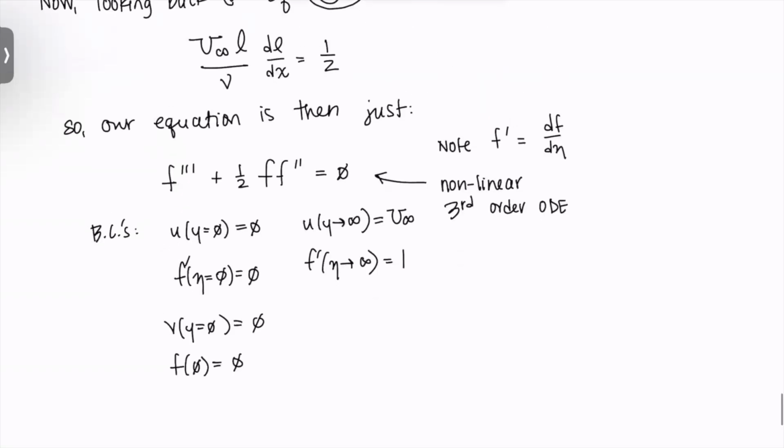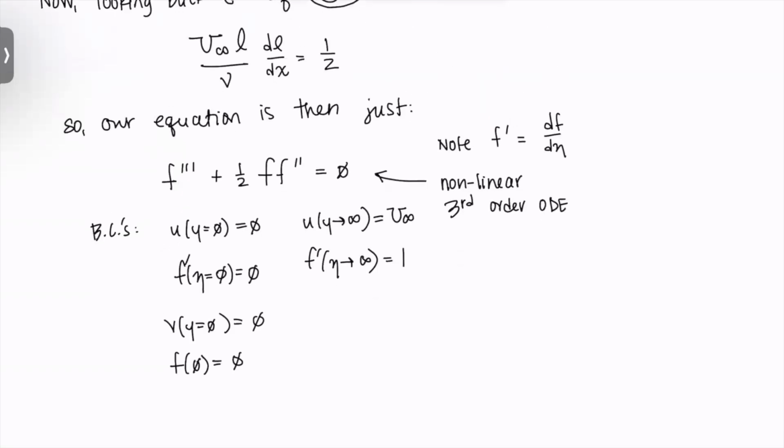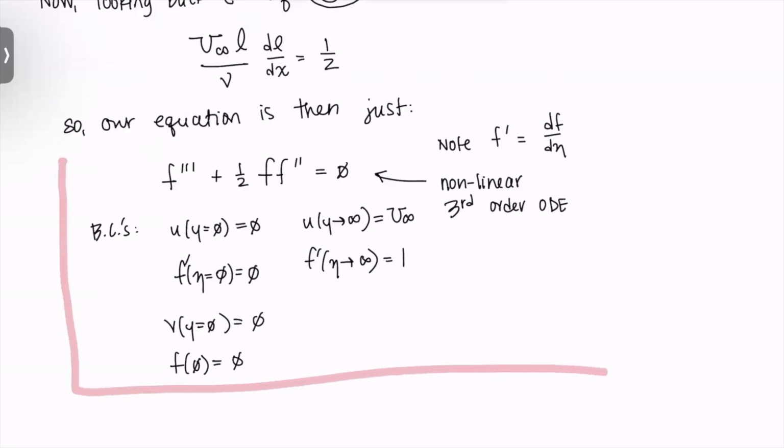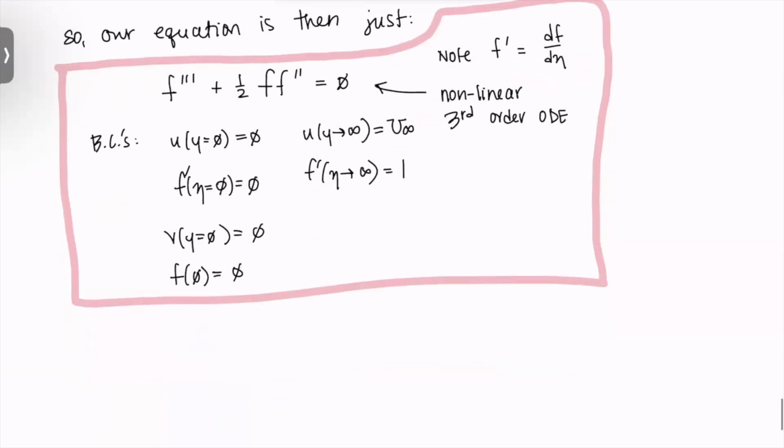And the solution to this, so let me put a box around this. So this is the equation that we want to solve. And the solution to this is called the Blasius solution, as you may have suspected.